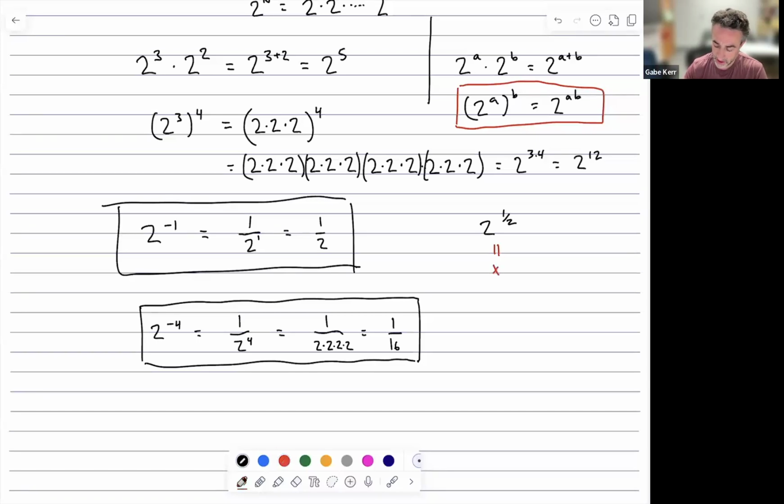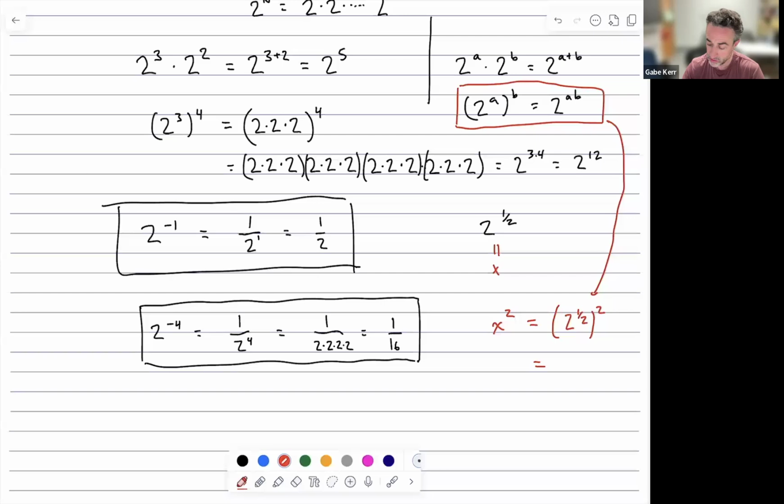If I take x squared, what do I know? Well, x is 2 to the 1/2, so x squared is going to equal 2 to the 1/2 squared. But from this rule up here, we know that when you take a power of a power, the exponents multiply.